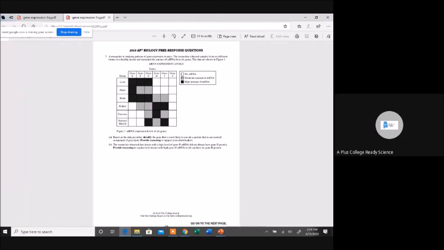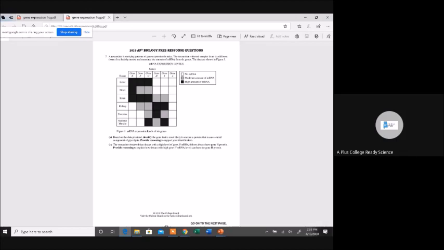And then your reasoning is going to be every cell has to do glycolysis in order to make ATP. Therefore, the mRNA from the gene for this protein must be present in every cell. And the only gene that has mRNA from it present in every cell is gene G.